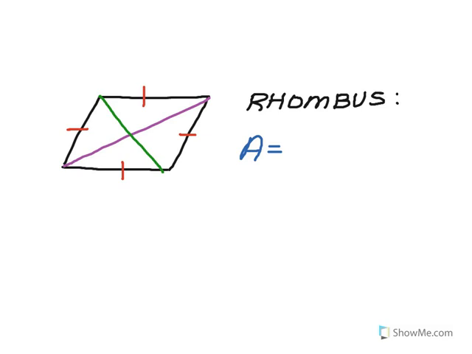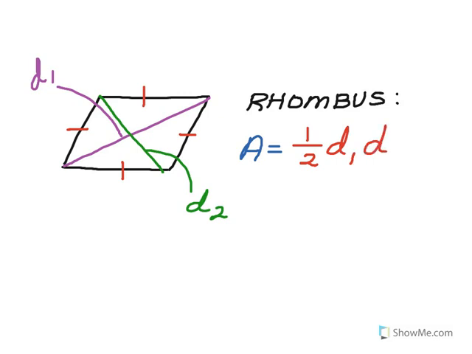And so as it turns out, in this example, if the purple diagonal is called diagonal 1, and the green diagonal is called diagonal 2, the area of the rhombus is actually half of the product of those 2 diagonals. And I can show you why this works in class.